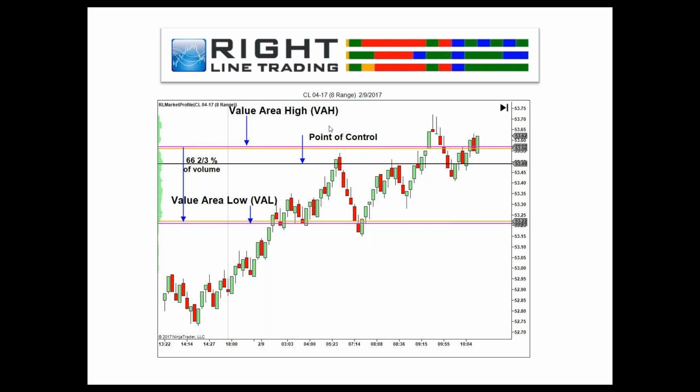So these are the kind of forces that are coming to bear on price. And these forces are created by us, not just us as retail small commercial traders, but also by institutional traders. Here is 66 2/3% of all volume, located between the value area high and the value area low. Again, I just want to point out, here's the VAL, here's the VAH, and here's the point of control.